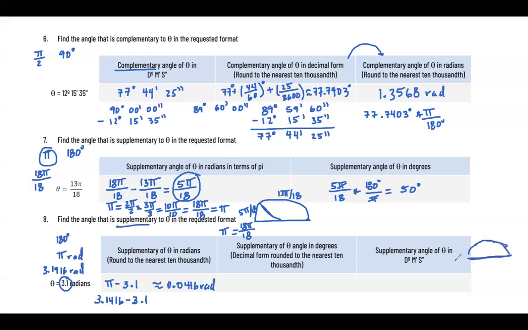So if we sketch that angle, half a circumference we know is pi radians, or 3.1416. And if we already have 3.1, that means that this tiny segment right here is 0.0416.